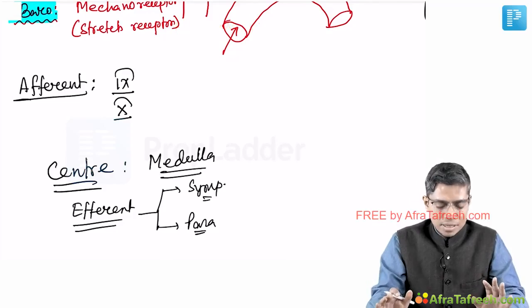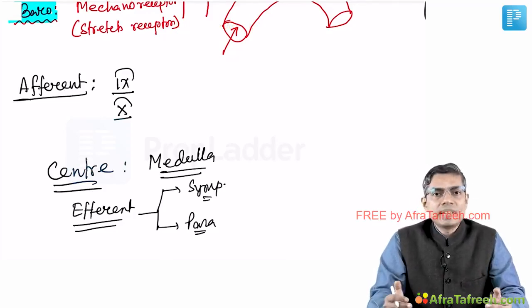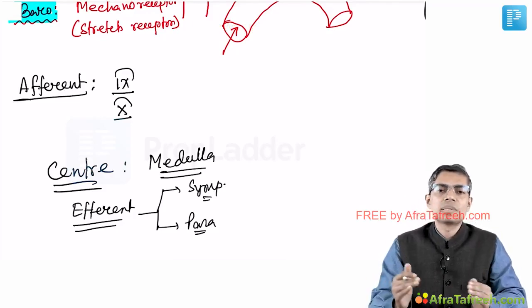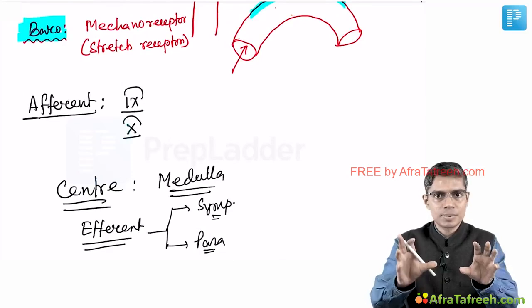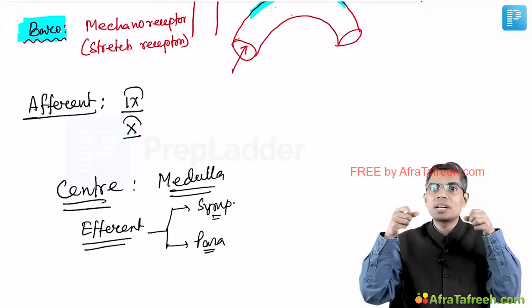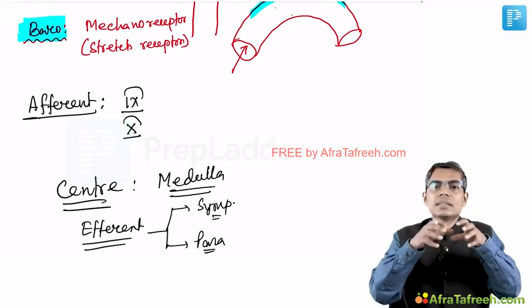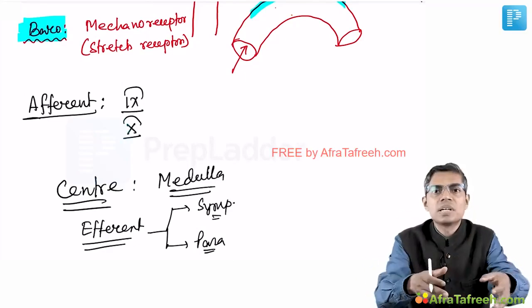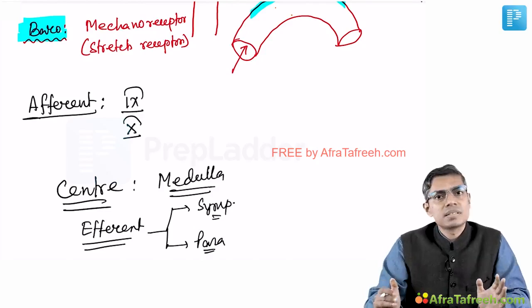So getting my point? Now we can understand that both of them are known as reflexes: baroreceptor reflex, chemoreceptor reflex. Reflex means there should be a receptor, that is baroreceptor, chemoreceptor. There should be an afferent from the receptor, that is the 9th and 10th cranial nerve. There should be a center, that is at the level of the medulla, and there should be an efferent, that is nothing but your sympathetic and parasympathetic system.